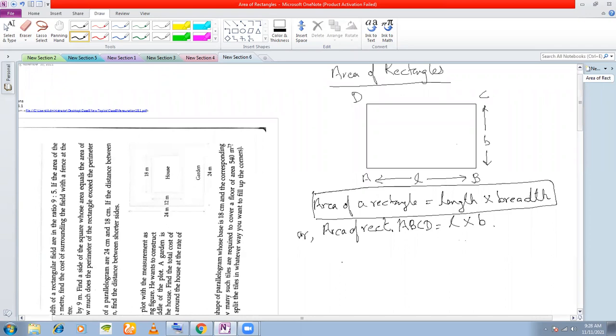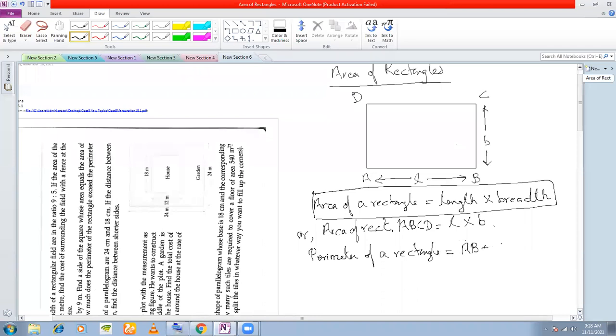Next, perimeter of a rectangle. Perimeter of a rectangle is nothing but the sum of the lengths of the sides.